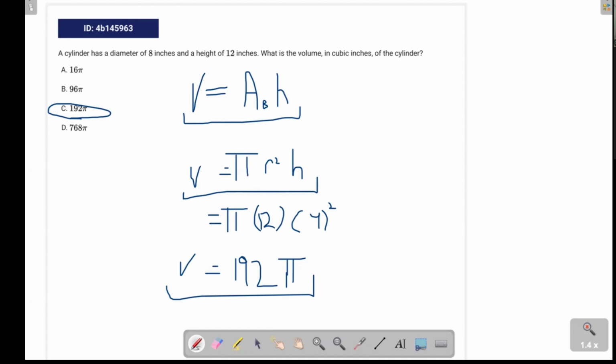So when you draw a cylinder out like this, the base is a circle, and the area of a circle is pi r squared. And that's going to be written right here. And then from there, you just plug in values.